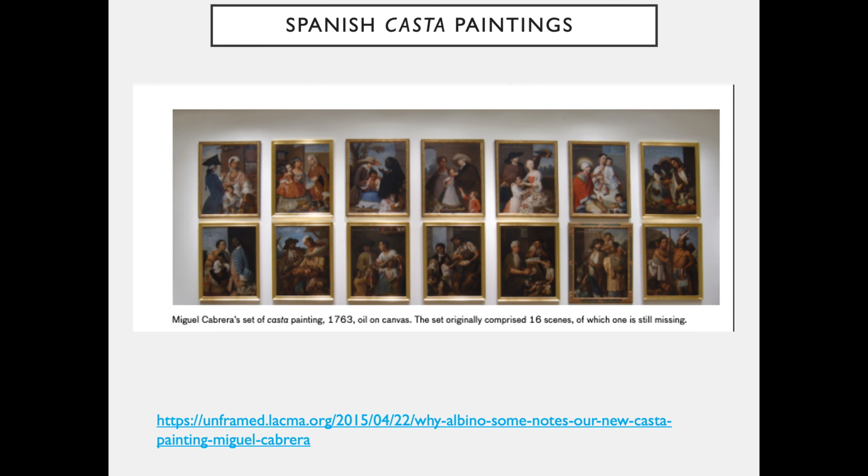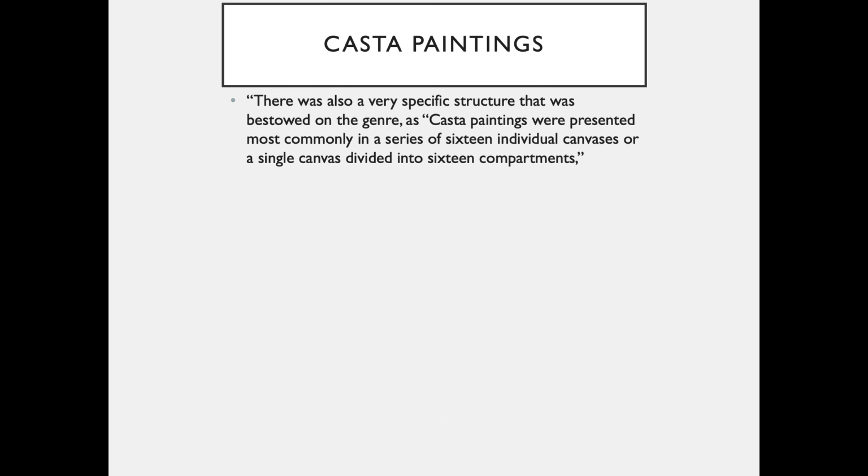And here you can see these paintings were shown in a grid and actually ranked who was at the top of the social hierarchy and who was at the bottom of the social hierarchy. There was also a very specific structure that was bestowed on the genre, as Casta paintings were presented most commonly in a series of 16 individual canvases or a single canvas divided into 16 compartments.